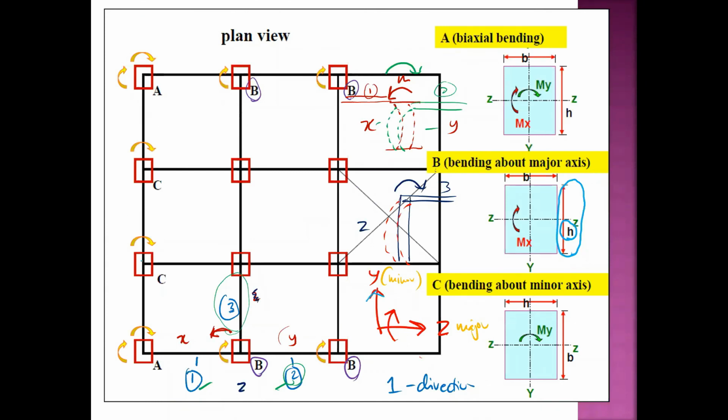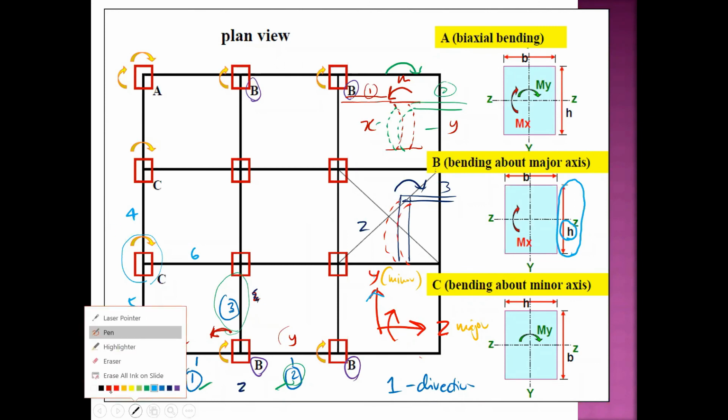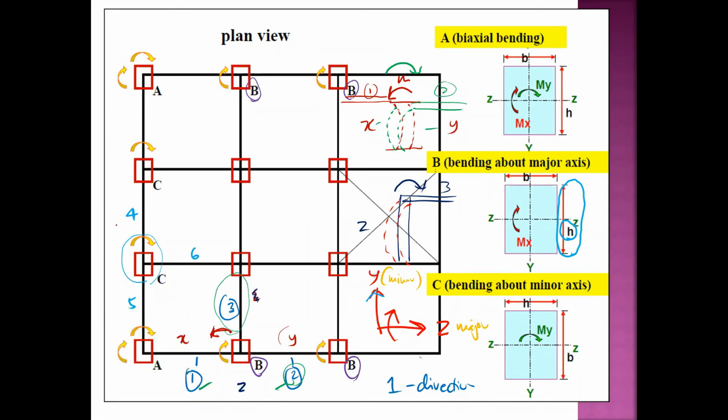However, for case C, it is similar. Let's say we have beam number 1, number 4, number 5, and number 6, and we have the positions J, K, or L here.